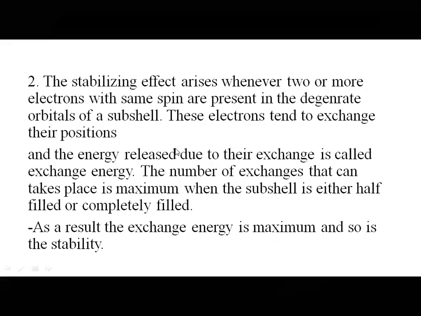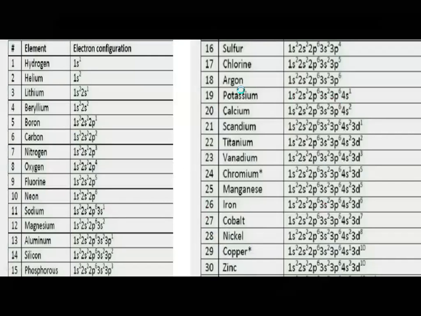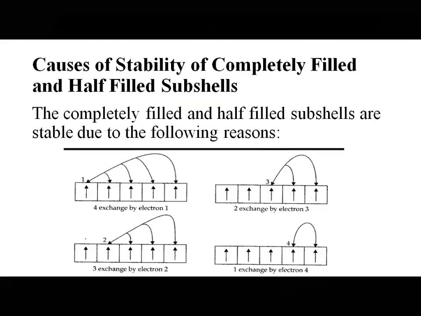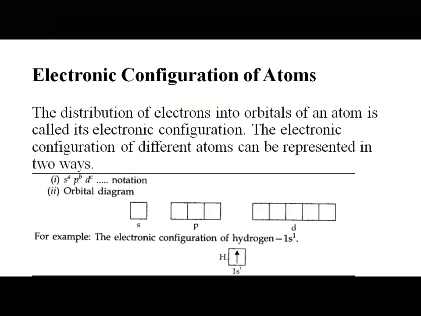Because of this extra stability of half filled and completely filled orbitals, in some cases there are exceptions. We know that when writing electronic configurations, we follow the Aufbau principle, Pauli's exclusion principle, and Hund's rule of maximum multiplicity.